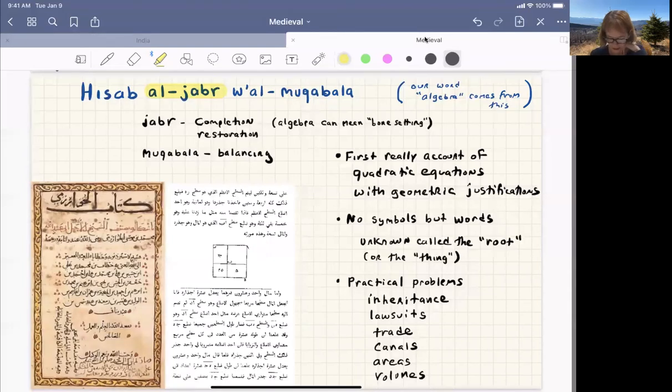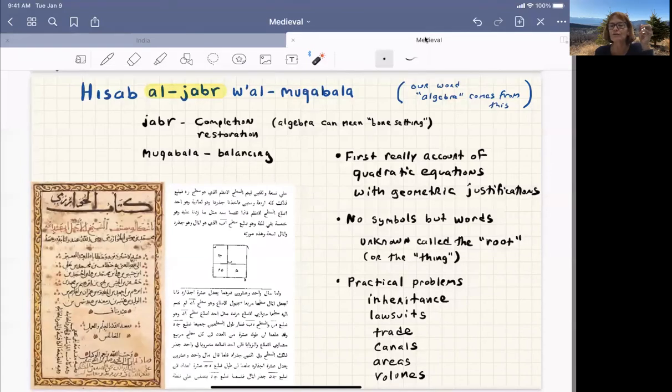So let's see what the title actually means. Well, the Jabra part means completion or restoration, whereas the Muqabala means balancing. So basically it's restoration and balancing. So it really is algebra in most of the sense that we mean it.